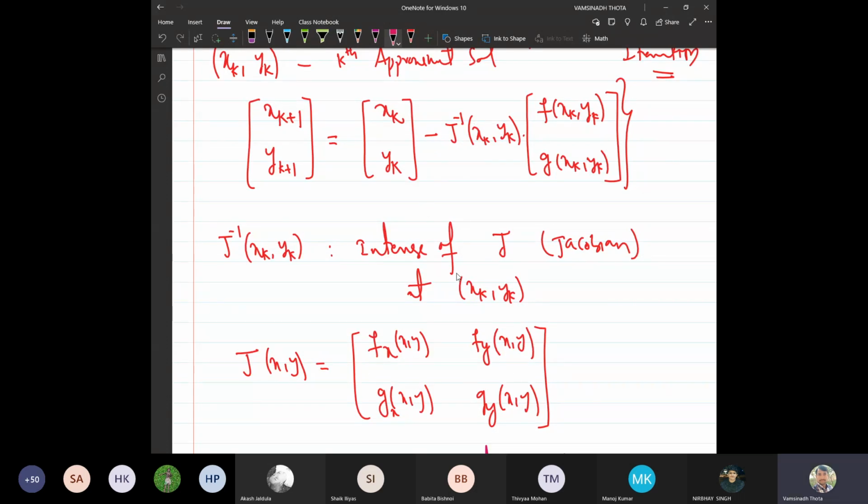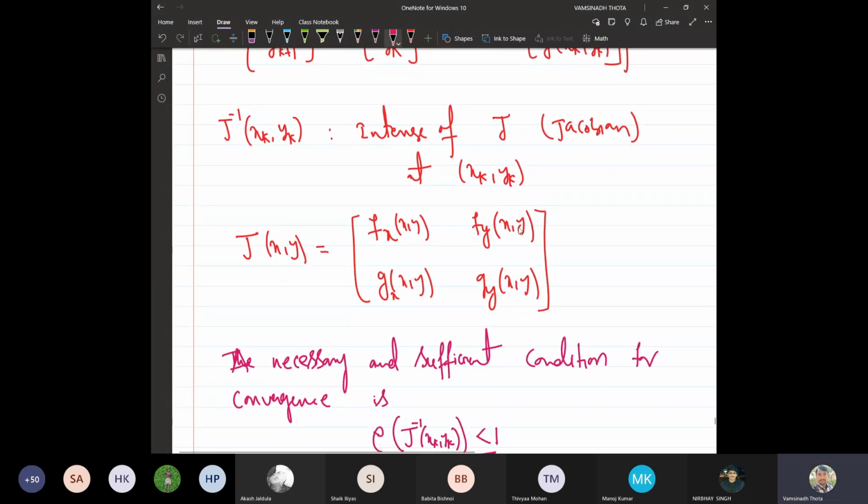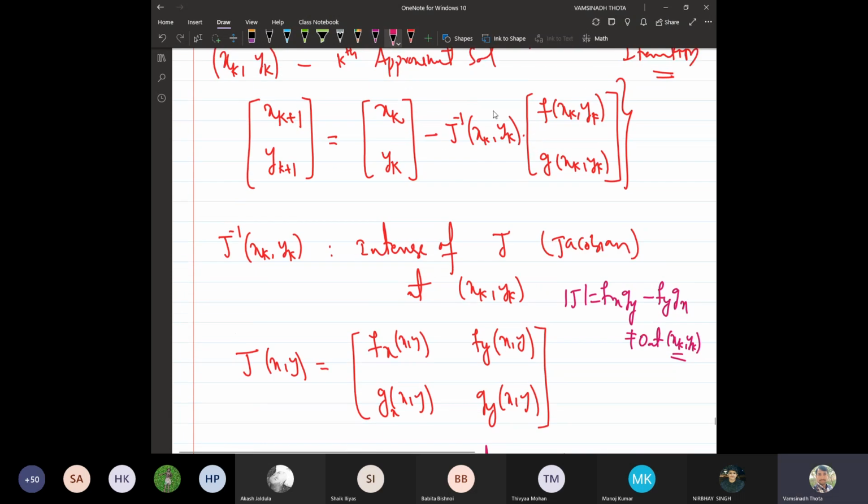The Jacobian matrix should have an inverse, that is, its determinant should be non-zero. That is, fx times gy minus fy times gx should be a non-zero number at the iteration point xk, yk. If it is equal to 0, then the Jacobian matrix is singular, the inverse does not exist, and we cannot proceed further.